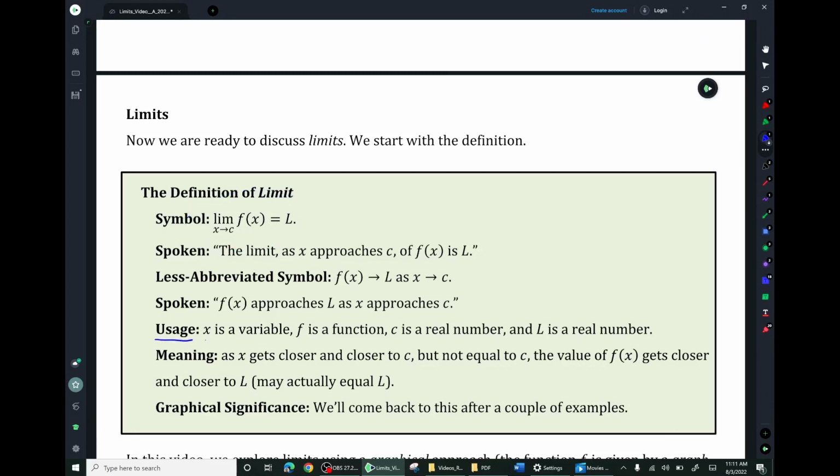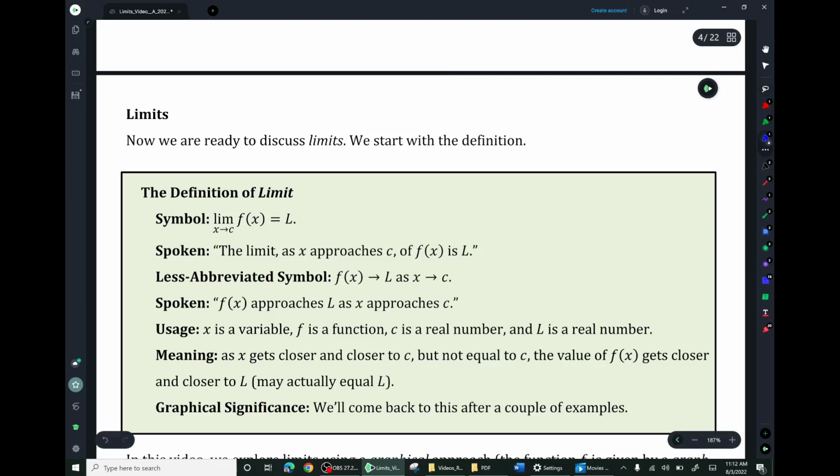Well, in that symbol, the letter x is a variable, f is a function, so we see then that this symbol, f of x, would be the resulting y value. The letter c denotes a real number, and the letter L denotes a real number. So that's what I would call the usage. When you want to build that symbol, what parts do you need to have?